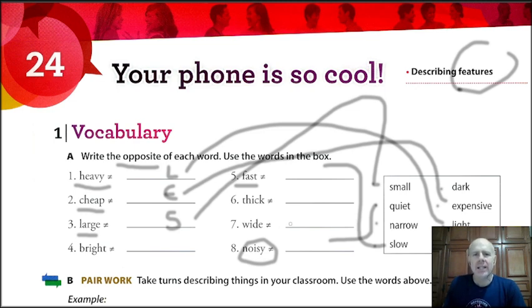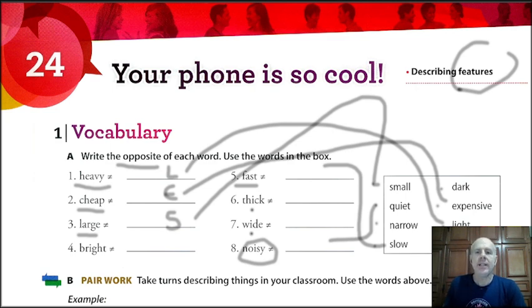Okay, let's go to the other ones. Thick. It could be new. Wide. I don't think wide is new. We have already talked about houses. Do you remember the lessons? If we talked about flats, houses and things, maybe we talked about wide. For example, a corridor.